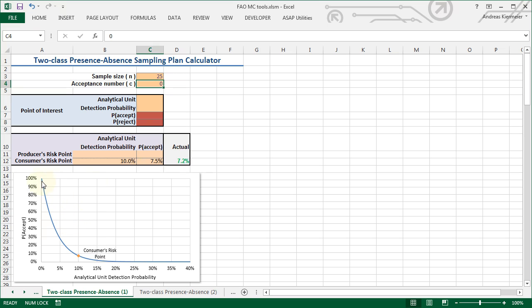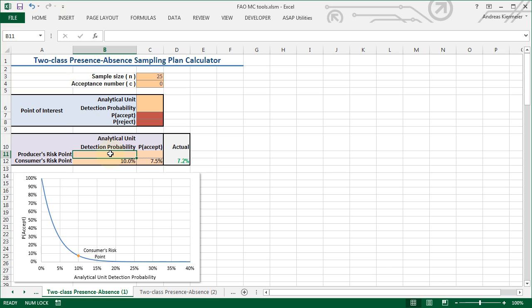Now you might also look at this area at a very low detection probability, so when essentially there is very little contamination, and you might see if this is acceptable to you. In some cases you might actually find that you want a particular probability of acceptance at very low levels of the detection probability.